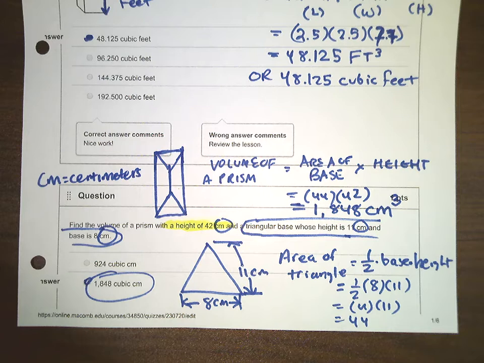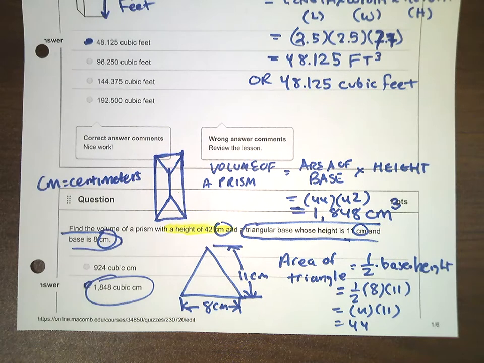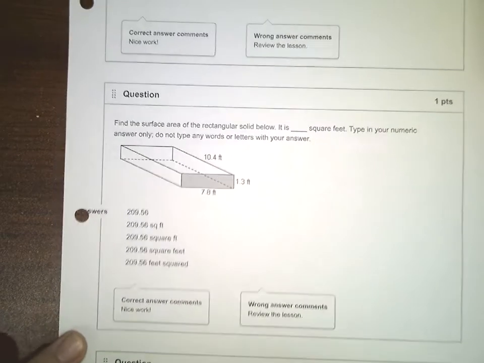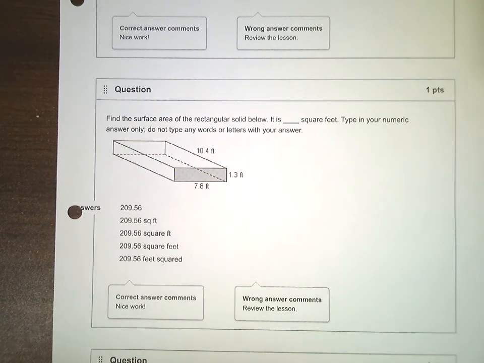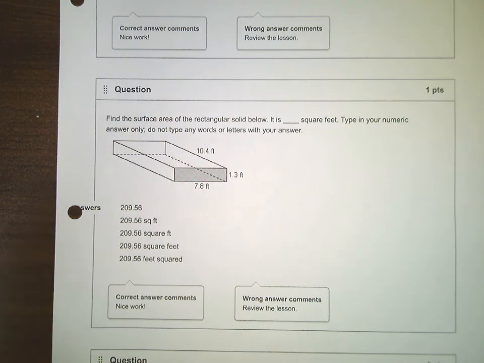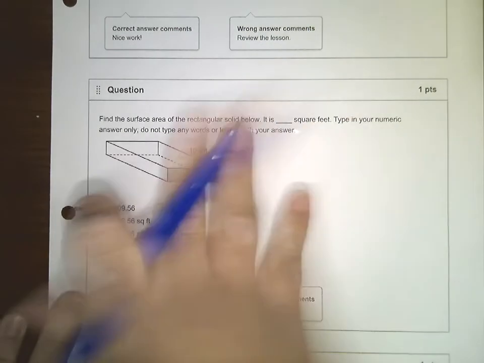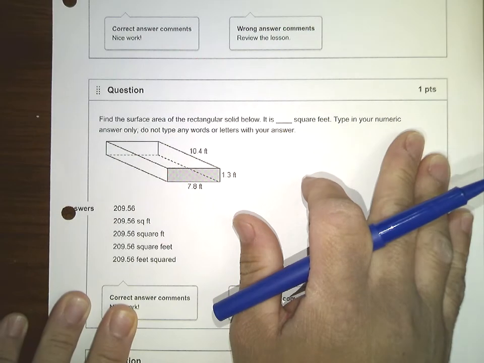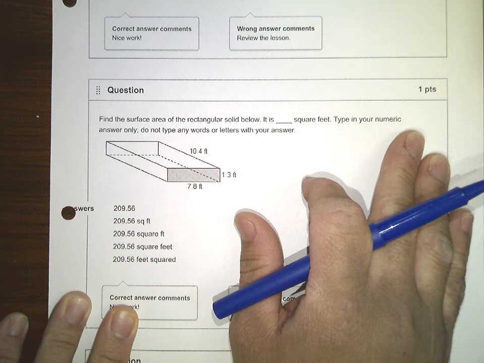All right, so let's try another one here. Find the surface area of the rectangular solid below. The surface area means just how much space in area all of the sides of this solid are taking up.